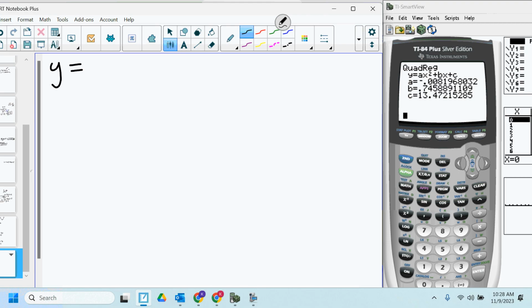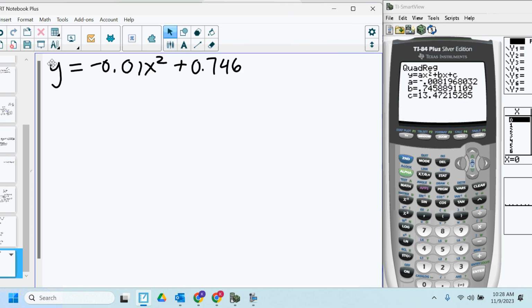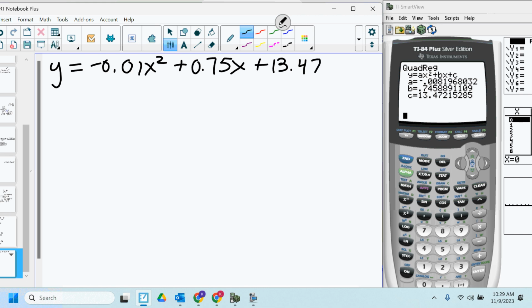So our A value will now be negative 0.01 x squared, and then plus 0.746. Oh, sorry, I said 2 decimal places, so 0.75 x, and then plus 13.47. Okay, we have our equation for our quadratic.